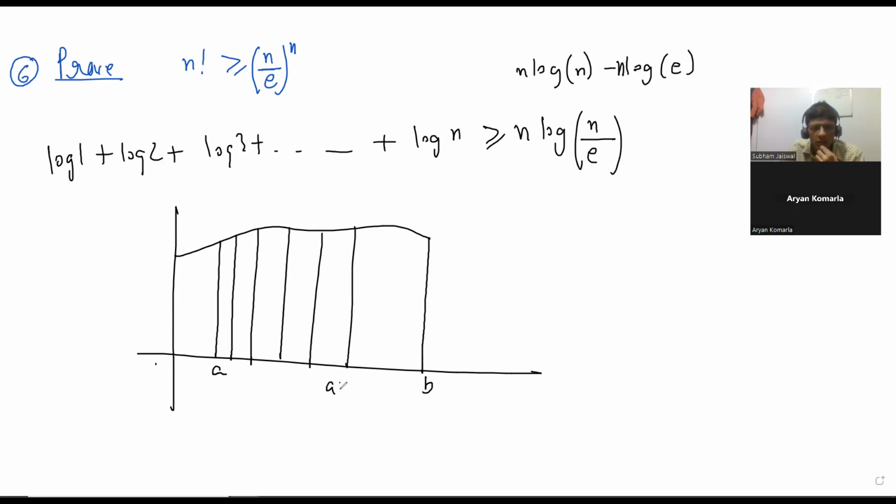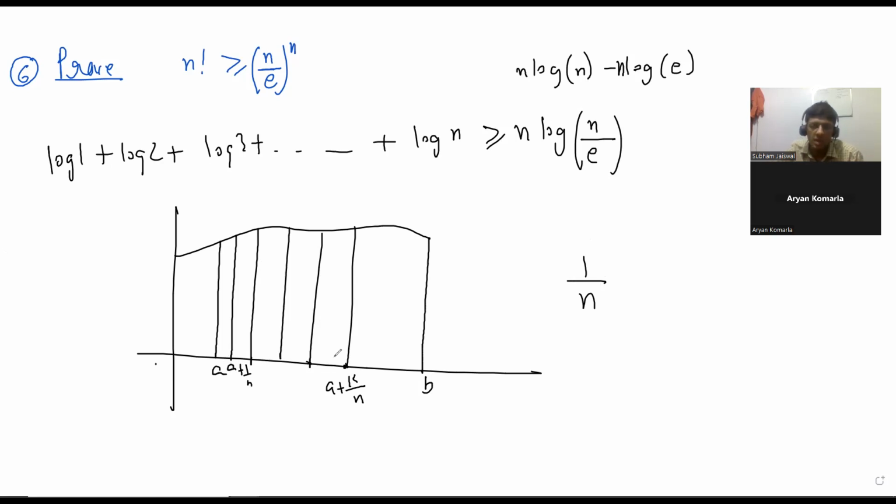So the arbitrary point in the partition is like k by n, and then what do you do? Basically we take the area of each of the strips. The area of each strip is 1 by n as the base length, because that's how I'm taking the partition: a plus 1 by n, a plus 2 by n.